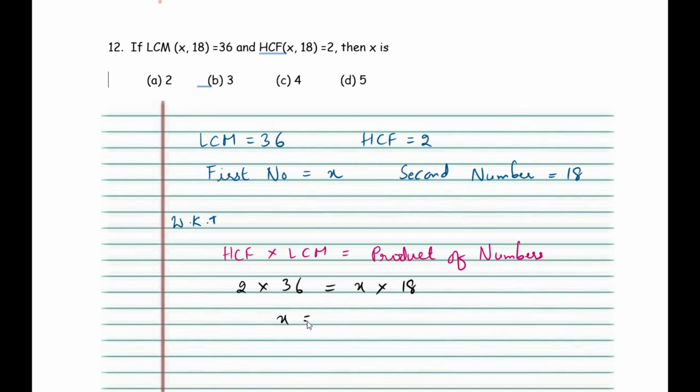Now x equals 2 into 36 by 18. 2 ones are 2, 9 ones are 9, 9 times 1, 9 times 4. Therefore x is what? 4. Therefore the correct answer is option C, 4. The product of two numbers is equal to the product of its HCF and LCM.